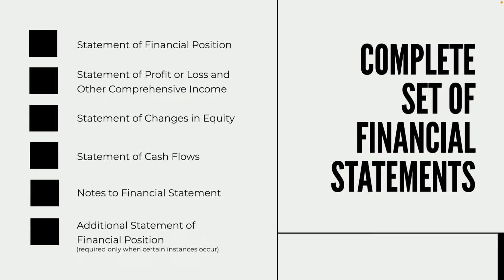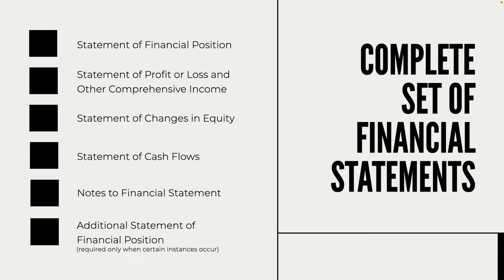But previously, if I'm not mistaken, sa FASB, before, iba yung name ng mga financial statements natin. Okay? So, like, sa statement of financial position, before balance sheet yan. Ngayon, ay statement of financial position na siya.